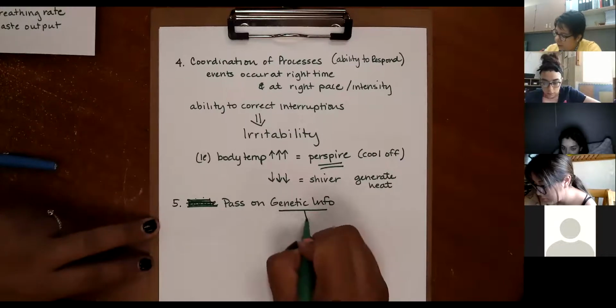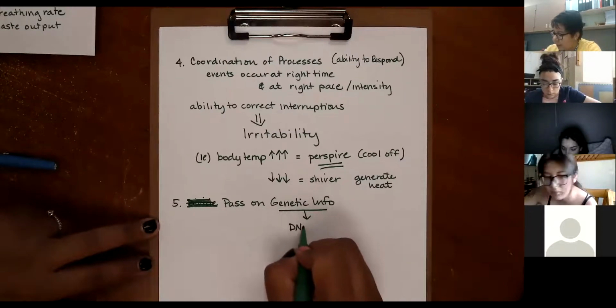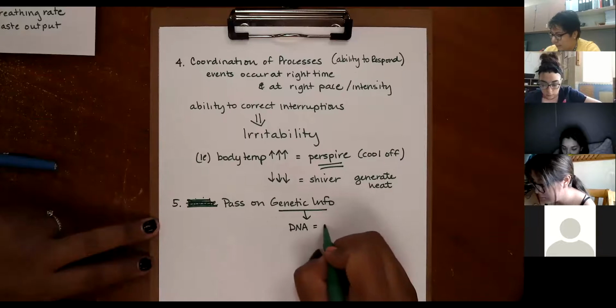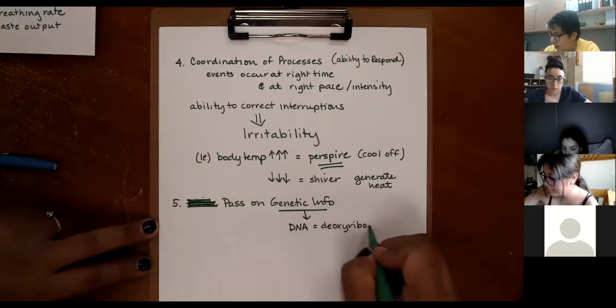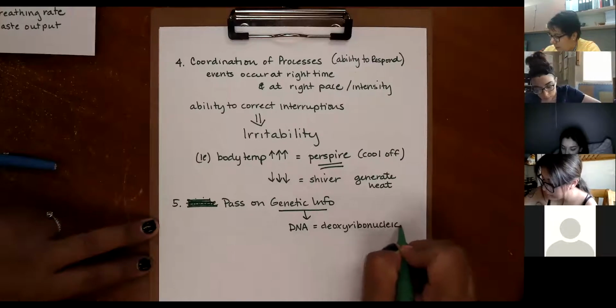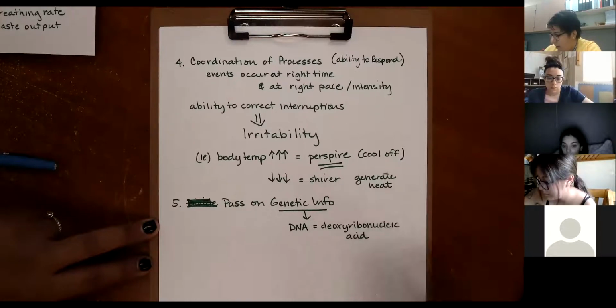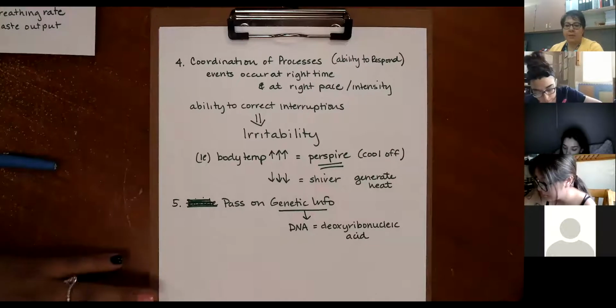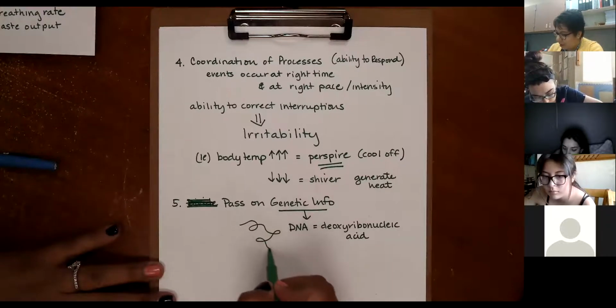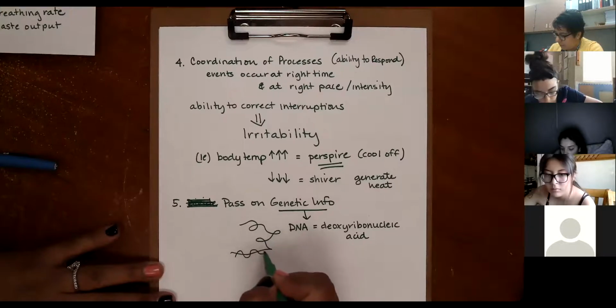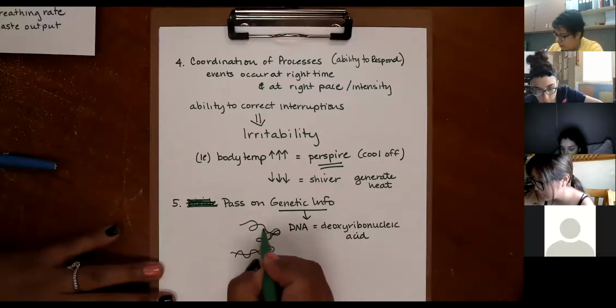Now, all living things use as their genetic information good old DNA, which is an abbreviation I'm sure most of you know, but DNA is an abbreviation for the term deoxyribonucleic acid, that gorgeous molecule that looks like, you know, a twisted ladder.